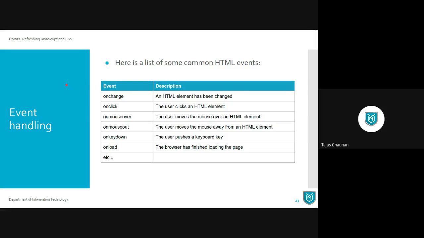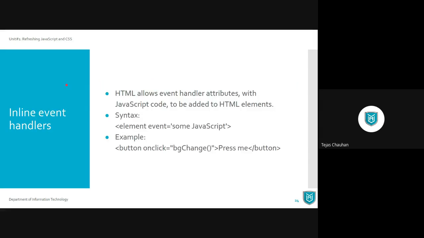So how do we handle those events? There are a number of ways to handle those events. One is the inline event handler. That is where we use HTML events onclick, onblur, onfocus, onmouseover, onmouseout, and so on. Now, where do we write it?